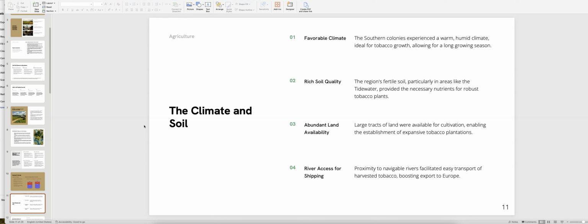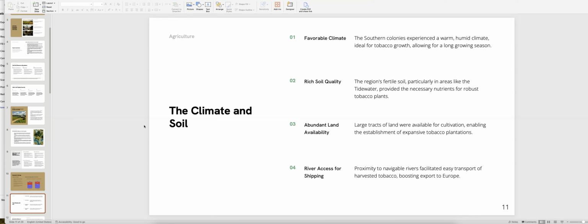As you use it up, and because at the time they don't know a lot about good growing patterns, they have to keep expanding west to get more and more fertile land. That's number three.